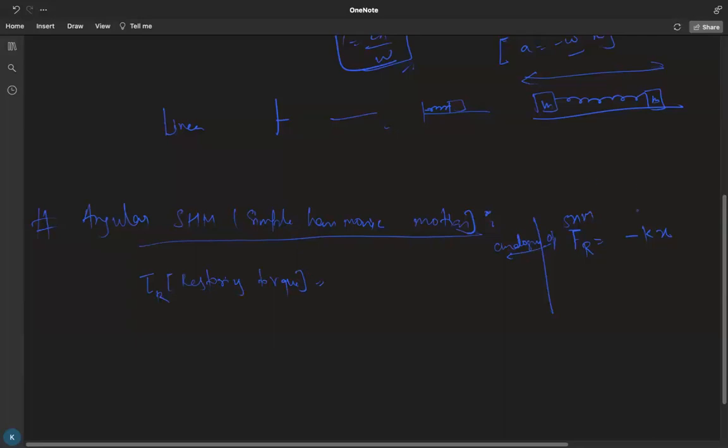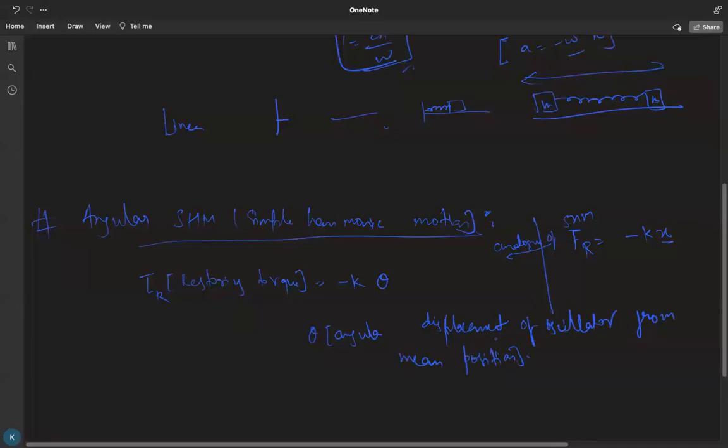The k will be the same, because it is a spring constant or some other constant. In SHM there is displacement from the mean position, but here there is angular displacement. So theta is the angular displacement of the oscillator from the mean position.